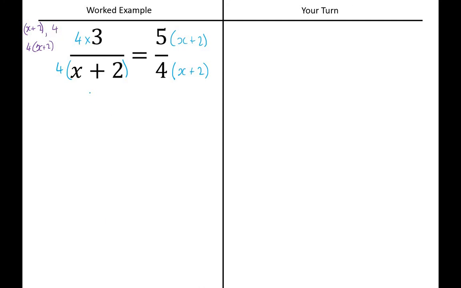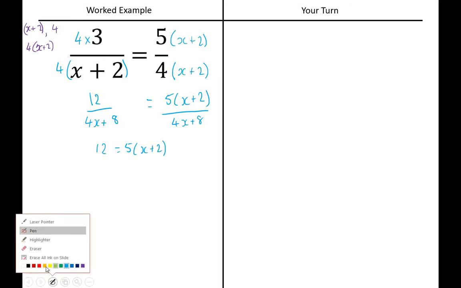Okay, so then that would give us 12 over 4x plus 8 is equal to 5 times x plus 2 over 4x plus 8. There's absolutely no need to expand out that bracket actually, I just did it from habit. Okay, the denominators are the same, so the numerators are the same, so 12 is equal to 5 lots of x plus 2.